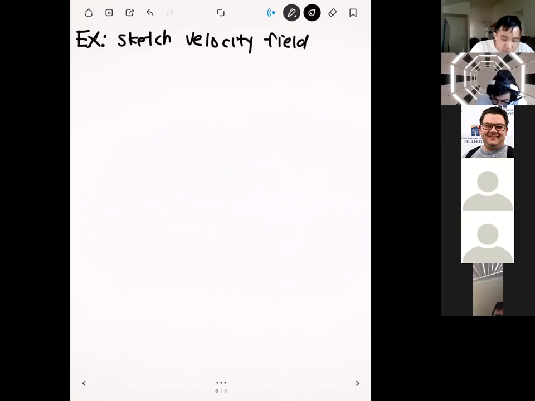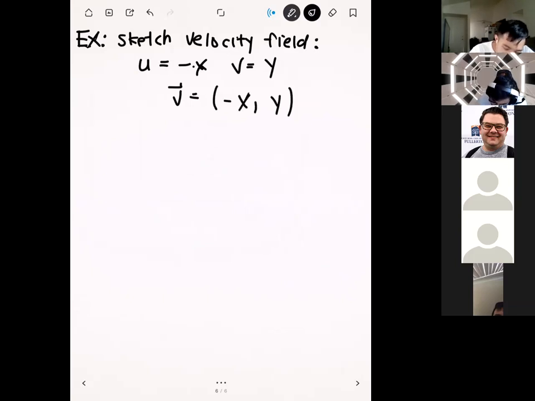This is only a 2D velocity field, and it's given by the following: u is equal to minus x, and v is equal to y. If you put this into vector form, the vector is equal to (minus x, y). Right away you'll see that this is a steady field because there's no time dependence, and it's also 2D because we only have two components.